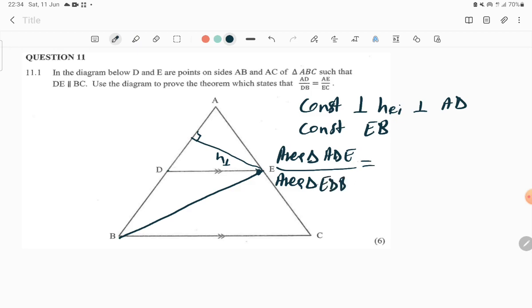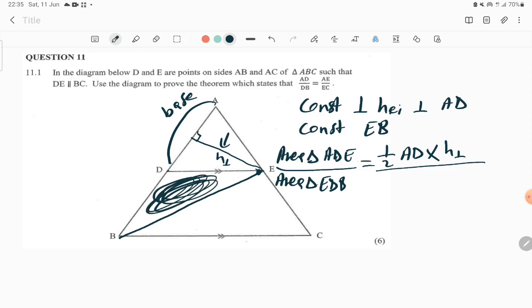The idea is to know that the area of ADE, if this is the base, which is going to be half base times perpendicular height, which is AD times the perpendicular height, divided by the area of this triangle. Remember, the area of this triangle has the height which is outside.